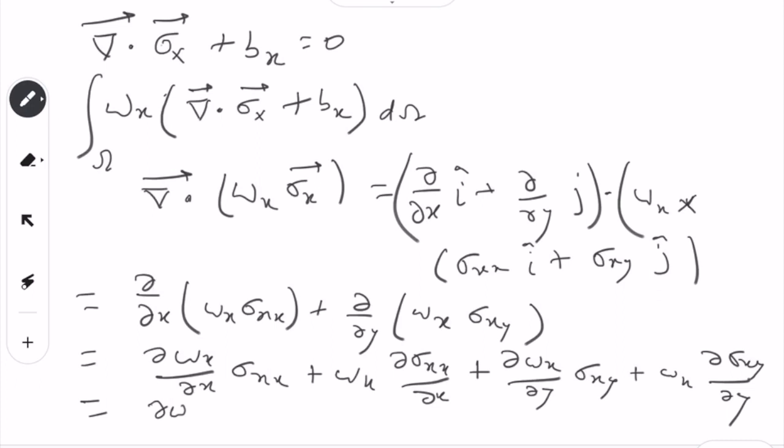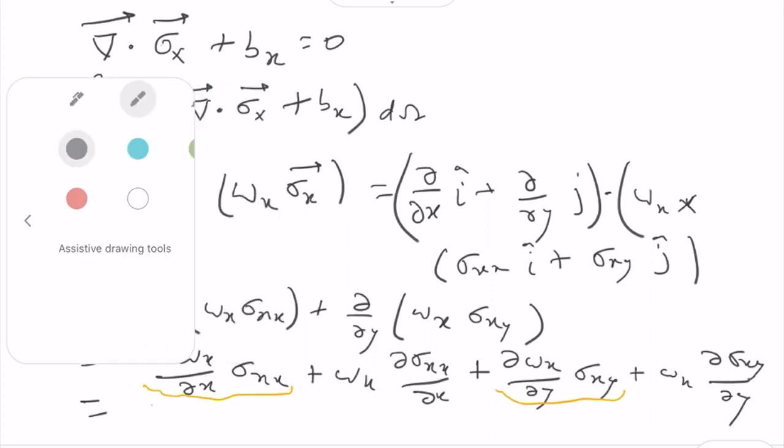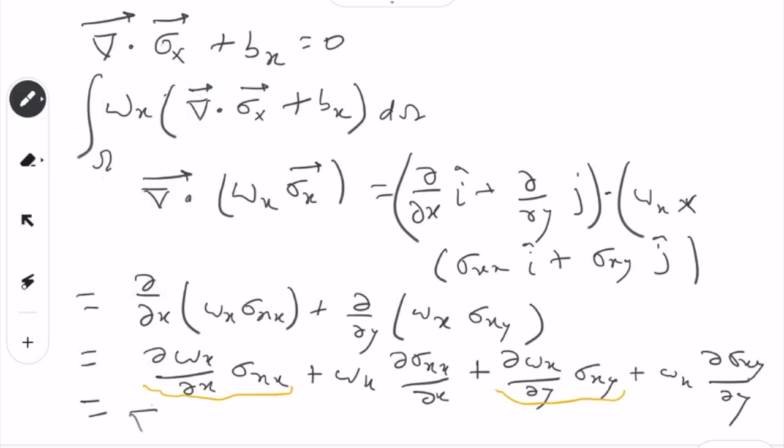So let's write like this one. So we are going to combine. So this and this is what? So first we are going to write this one. So this plus this will be the first one, and this we can write as gradient of wx dot sigma x, okay, right.